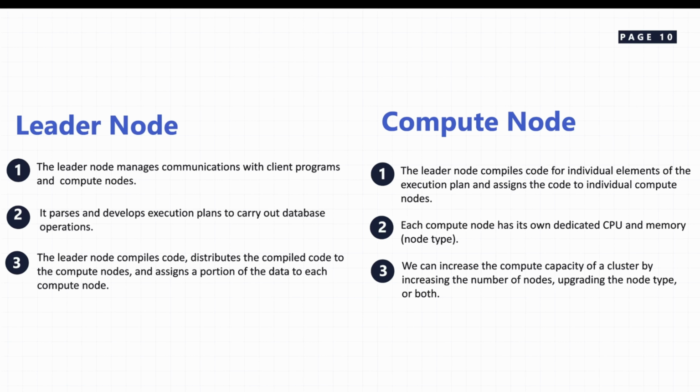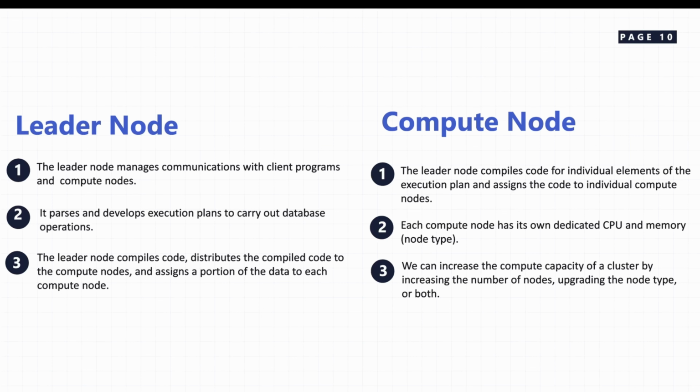Also, we can increase the compute capacity by increasing the number of nodes and upgrading the node type. The node type is basically the dedicated CPU and memory for each compute node. You can think of it like the data type of the compute node. So we can upgrade our compute nodes based on our use case. This is all about the compute node.